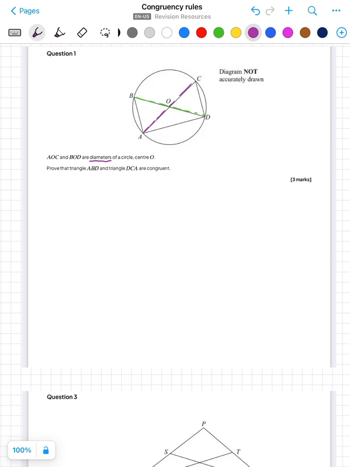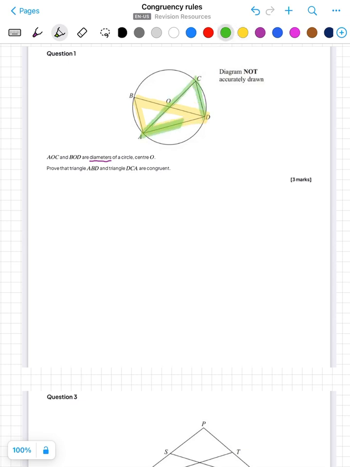Prove that triangle ABD, so we are now looking at our triangles. I find the best way is to highlight each of your congruent shapes, so ABD and DCA. So this involves a little bit of circle theorems as well.